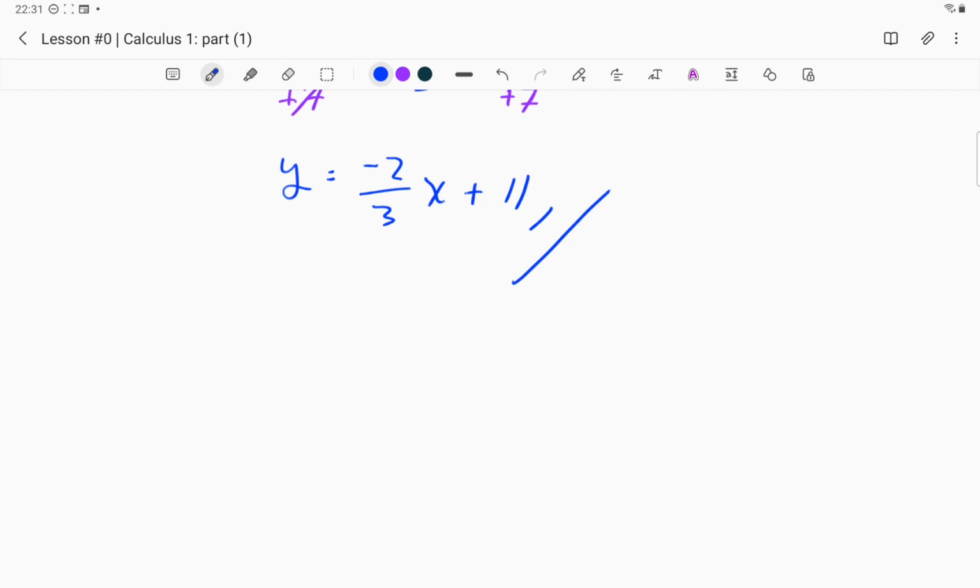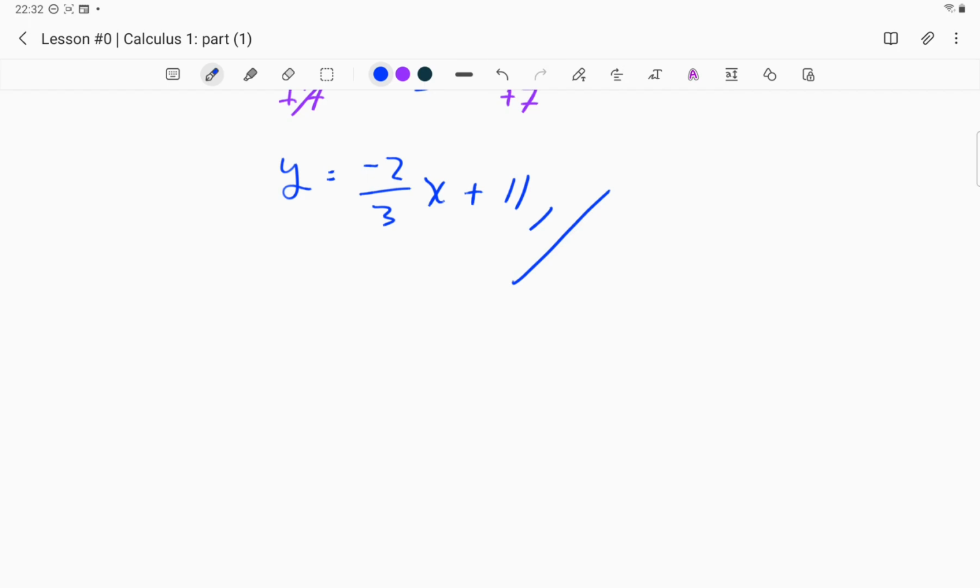All of the examples that we've done so far have a y-intercept, meaning the line crosses the y-axis. So you solve for y, and that gives you the slope and everything. Just putting it out there.